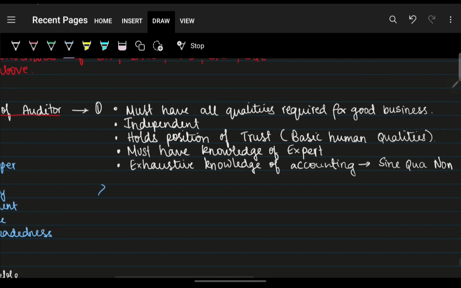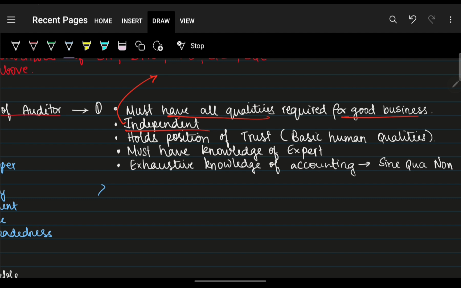Here, what are the qualities that an auditor must have? The auditor must have all the qualities required for a good business. So he must be independent. What does independent mean? When we discussed in the previous video, as well as while I was revising yesterday's topics, what does independence mean?